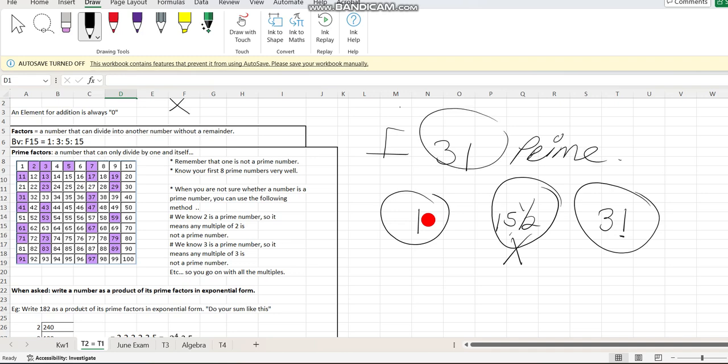Okay, a priemgetal. So you know the prime numbers, 2, 3, 5, 7, 11, 13. If they give you a higher number, work out which number does not have multiple factors. So then you can actually figure out: is it a prime number?